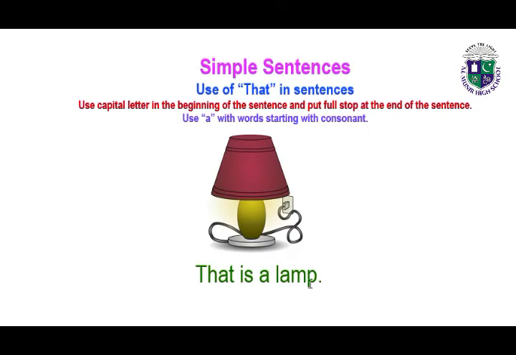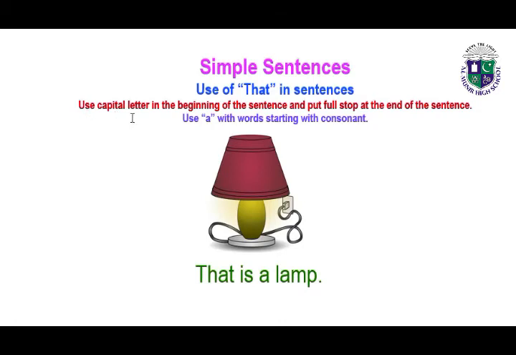Now we are making the sentence of lamp, and we are using "that" in the simple sentence. As I told you before, you have to remember these rules to write the sentence.